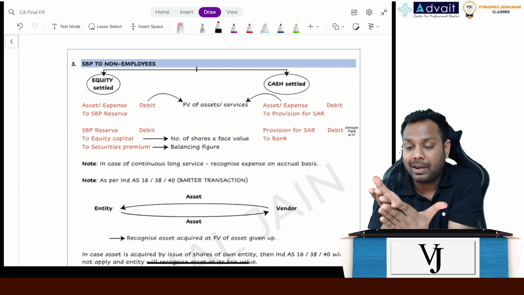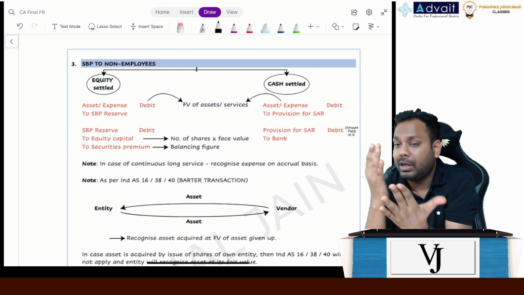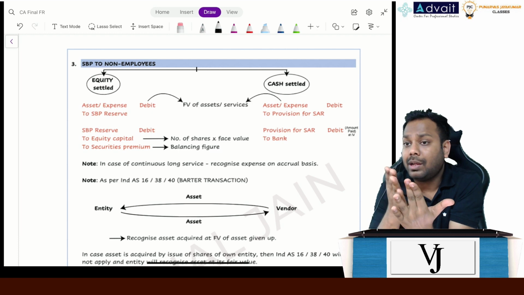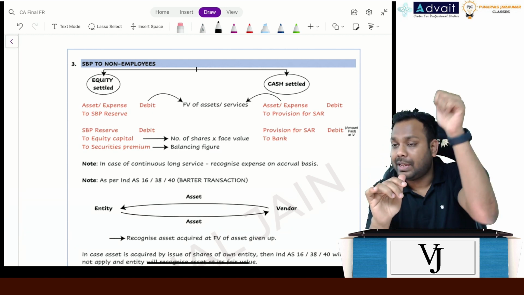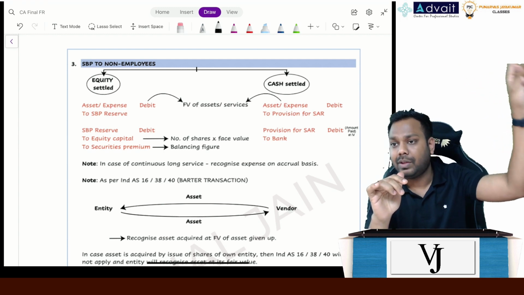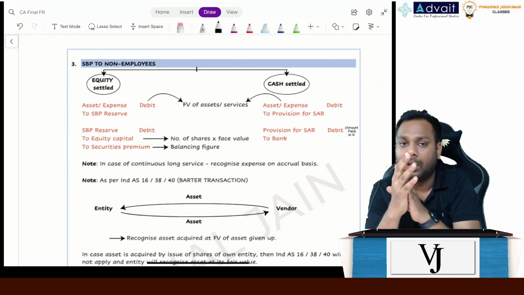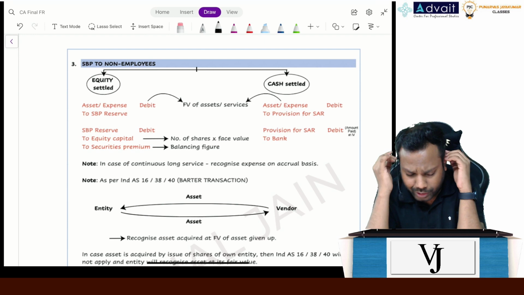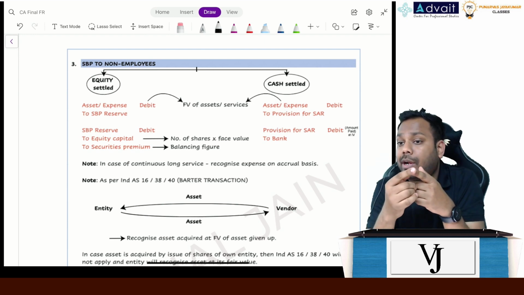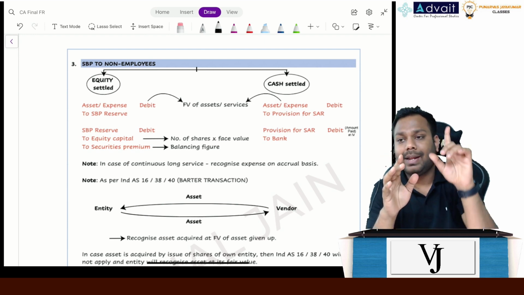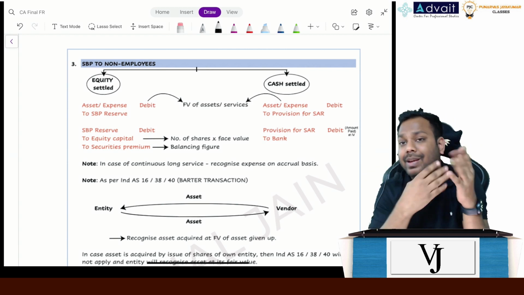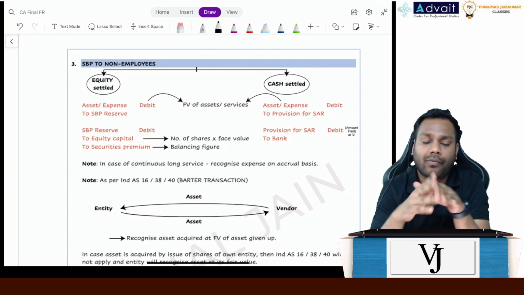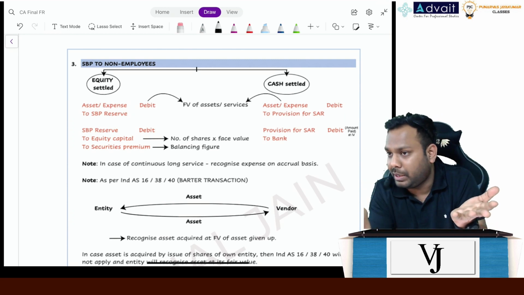If it is equity settled, I will record a reserve. If cash settled, I record a liability. Following that, if it is equity settled, on the exercise date it might get exercised or it might lapse. If it lapses, whatever is the reserve is transferred to retained earnings. Cash settled will not lapse, right?